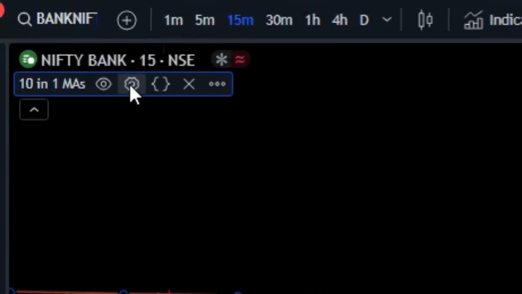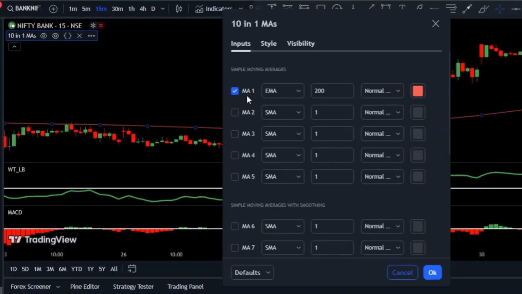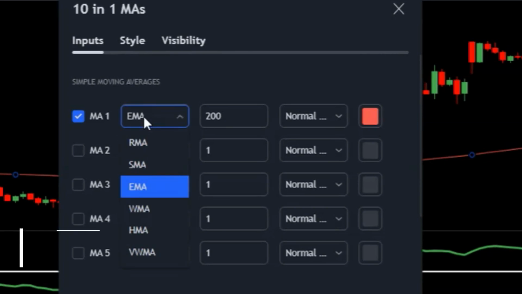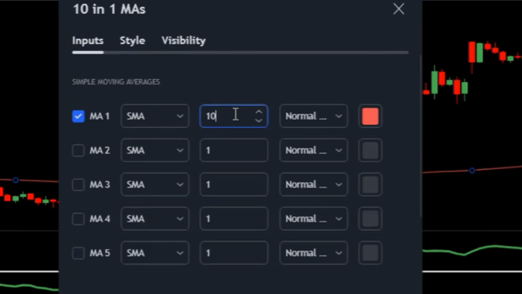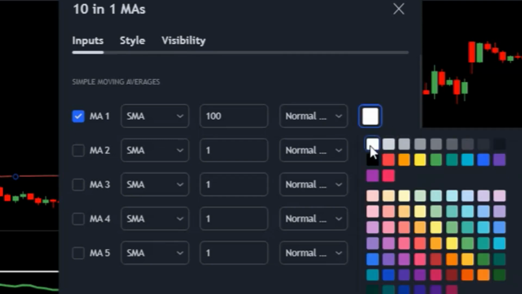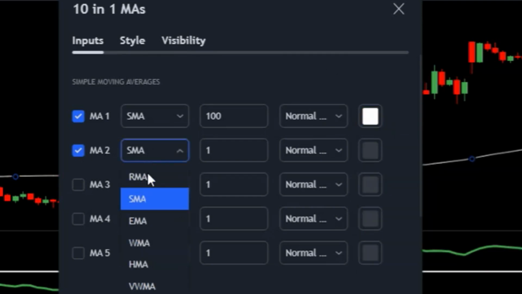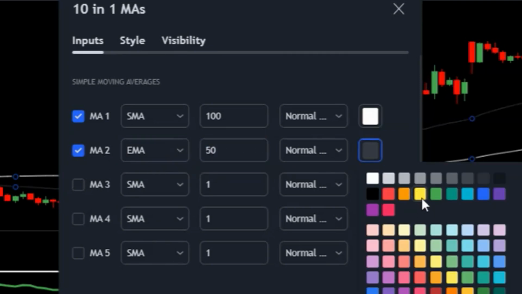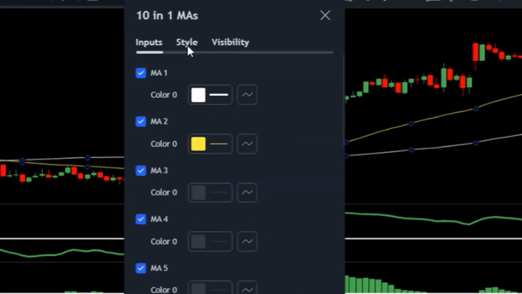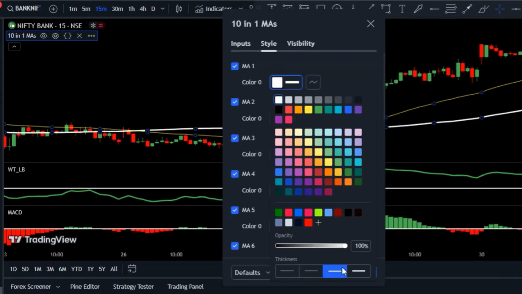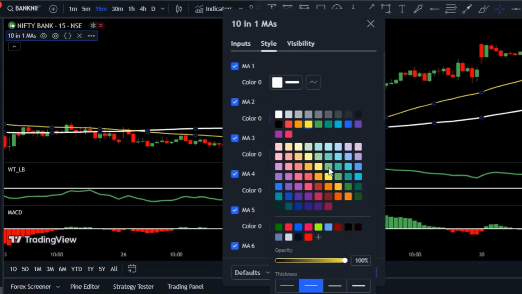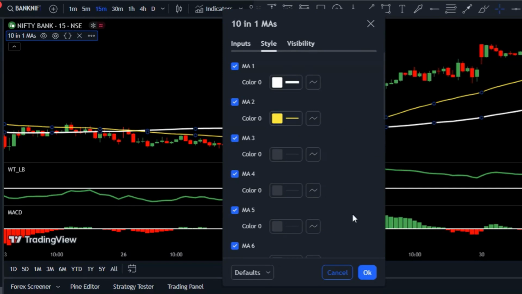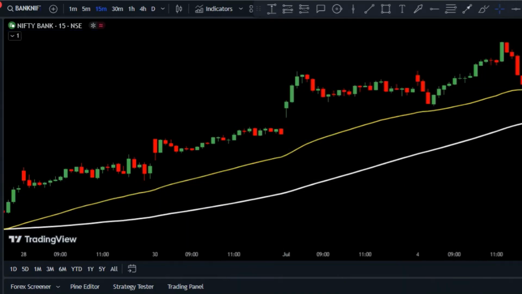After you add it to your chart, go ahead and tweak its settings just like I do. This indicator helps us avoid fake signals.